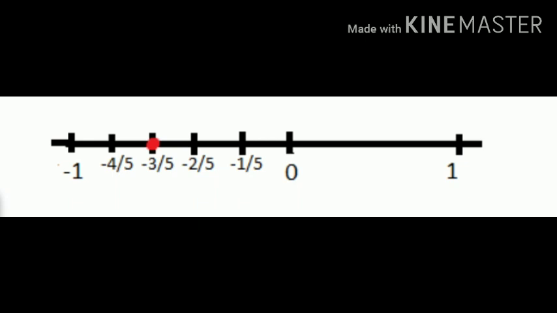Okay children, since 5 is given in the denominator, and since it is a minus number, in the minus direction, that is why we have subdivided the part from 0 to -1. Into how many equal parts have we divided from 0 to -1? Into 5 equal parts. Why? Because 5 is written in the denominator.